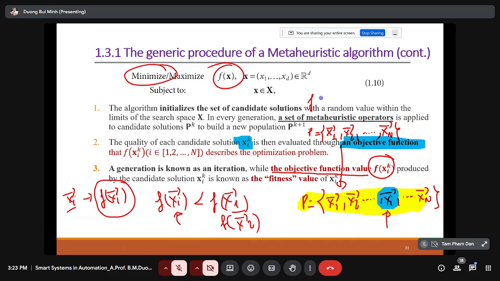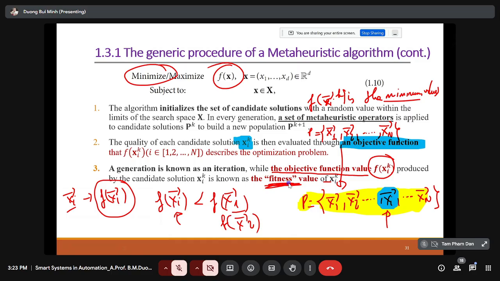If f(xi^k) is the minimum value, meaning the lowest one, then xi^k becomes the optimal solution.